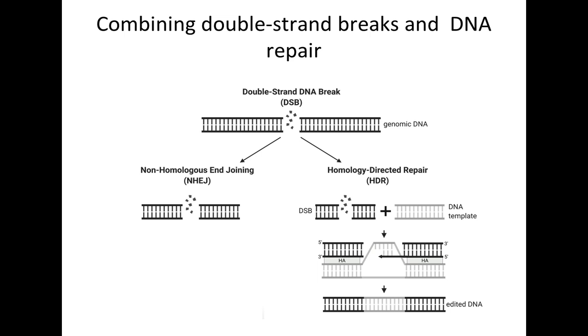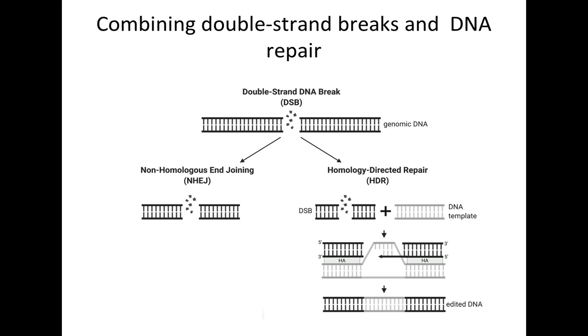So we begin editing in general with the nuclease-based platforms with a double-stranded break. This in the cells will trigger a couple of double-strand break repair mechanisms, either non-homologous end joining, abbreviated as NHEJ, or homology-directed repair, HDR.